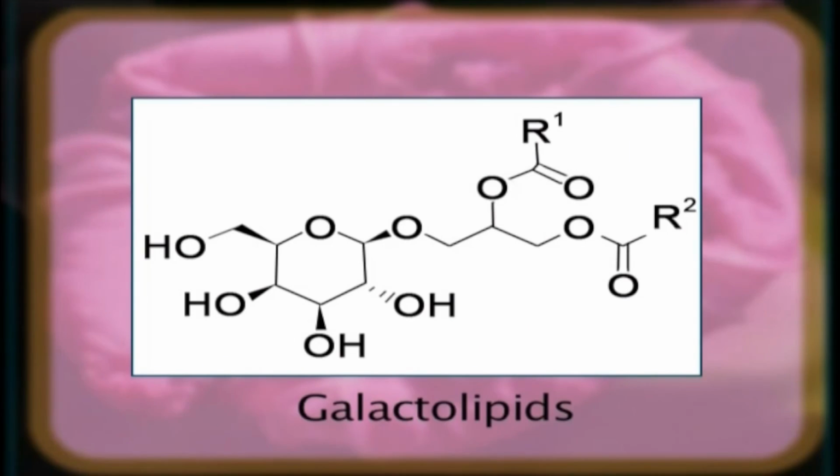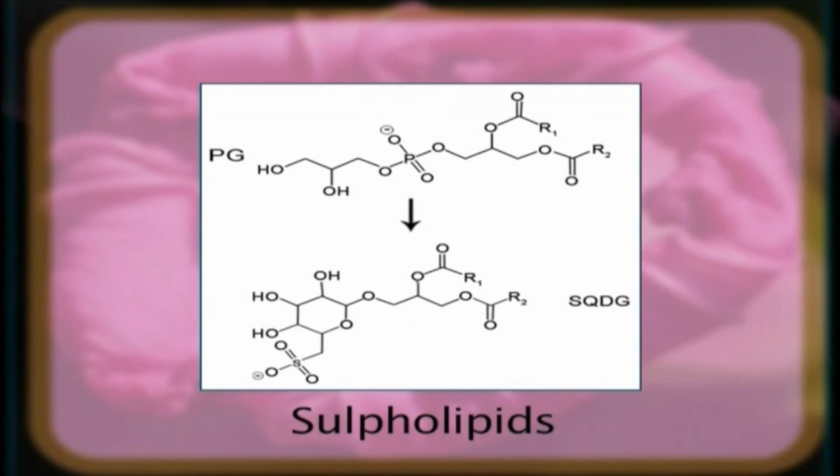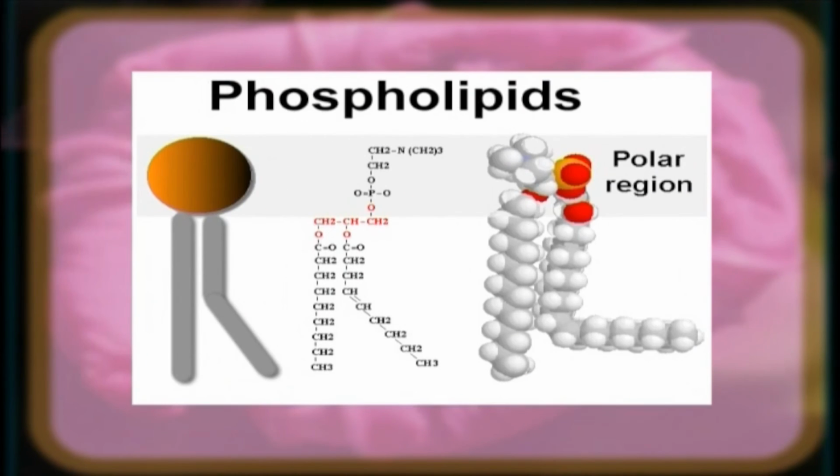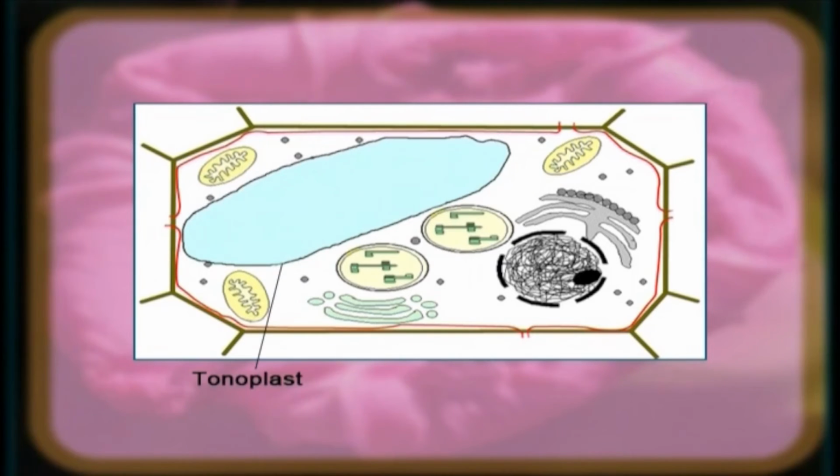The galactolipids and sulfolipids decrease before the phospholipids that predominate in the non-chloroplast membranes, suggesting that the biochemical decline may occur relatively early in chloroplasts. Although the changes in chloroplasts occur early, they remain intact till the time when the tonoplast ruptures.